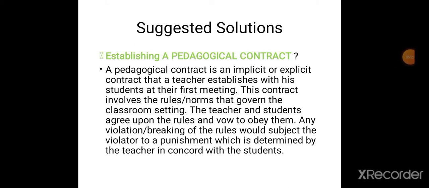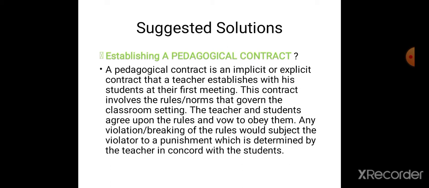One of the solutions that the teacher should come up with is to establish a pedagogical contract. Let's have a definition of this pedagogical contract. A pedagogical contract is an implicit or explicit contract that a teacher establishes with his students at their first meeting.